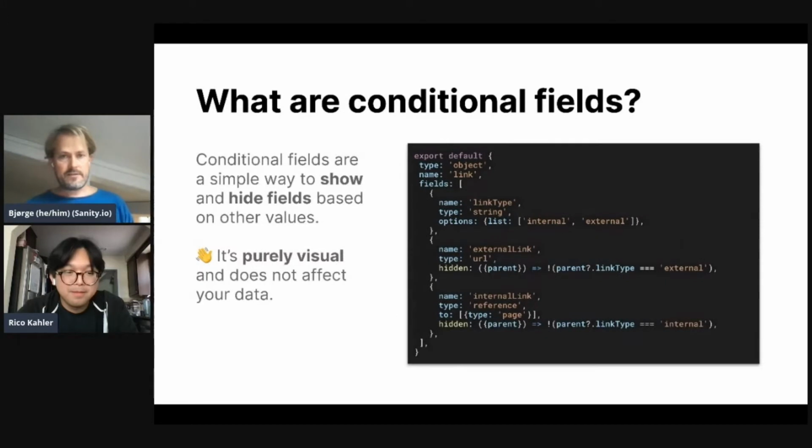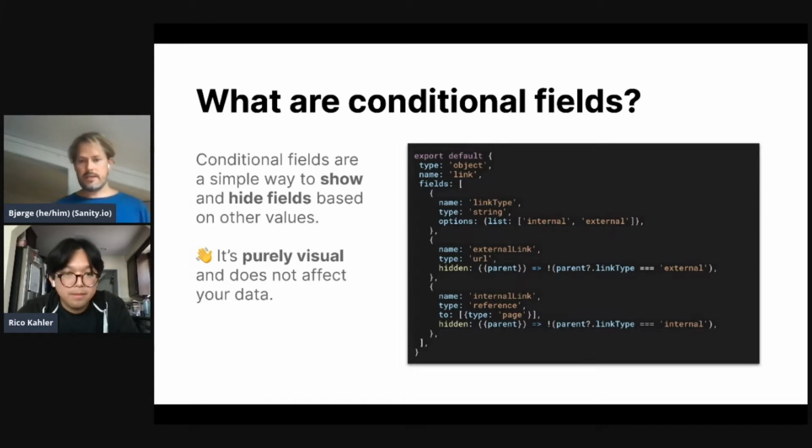So conditional fields. What are conditional fields? It's a simple way to show or hide a field based on other values. It's in the schema, like it's an attribute on the schema field. And it's a continuation of the already existing hidden property.